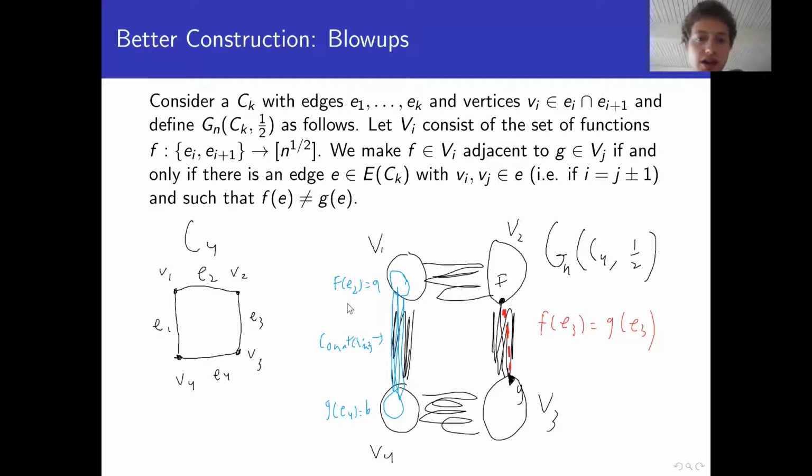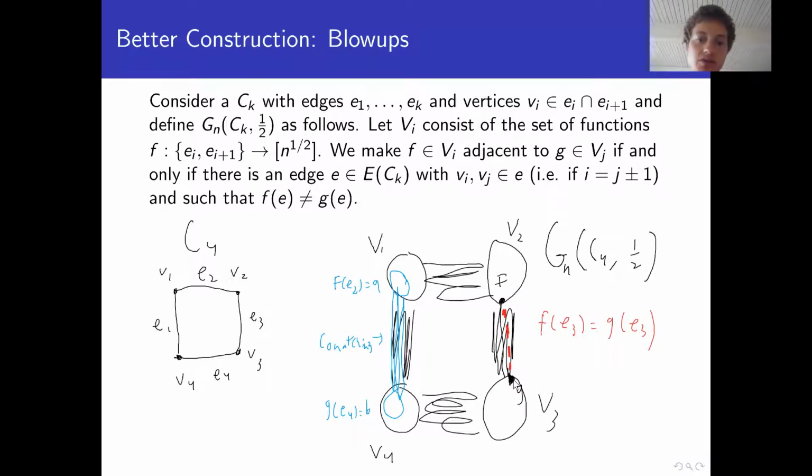Let's again try and work through things with some pictures. So we start with our ambient C4 in this case, and we're going to make a 4-partite graph that looks kind of like this. It's basically going to be a blow up of C4, but with some edges deleted between parts. And in particular, each vertex in, say, V2 here is some function f, which assigns some value to E2 and assigns some value to E3, maybe assigns this 17 and this 42.